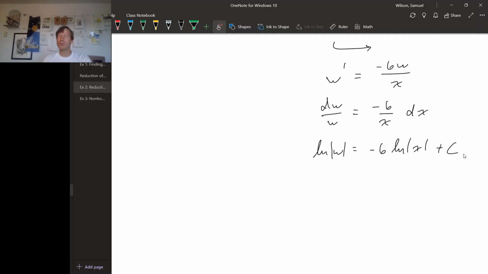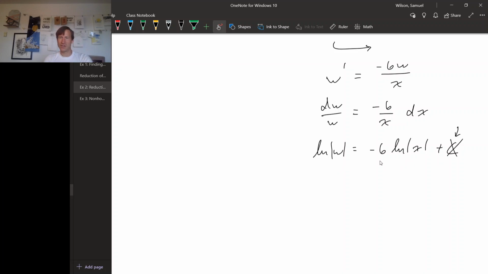Now, as in our first example, this constant isn't really important for what we need. We're looking for a solution that's linearly independent from y sub 1. This constant just tells us that y sub 1 is a solution, but we already know that, so we don't care about this constant in this particular situation.